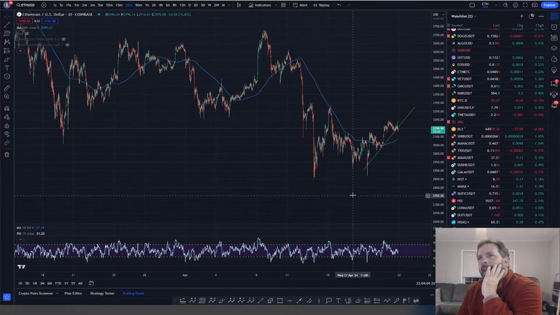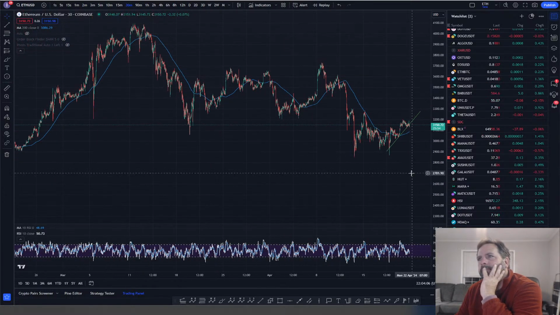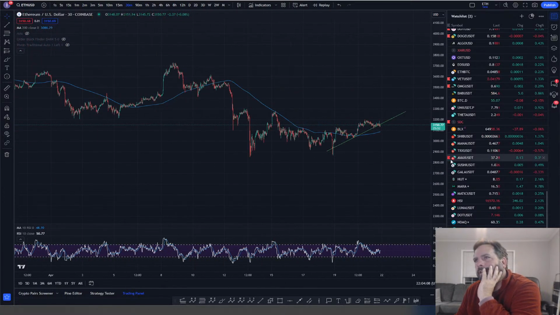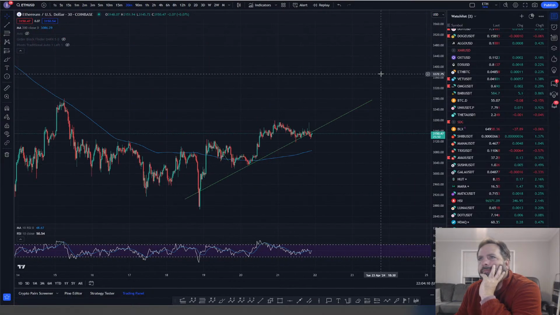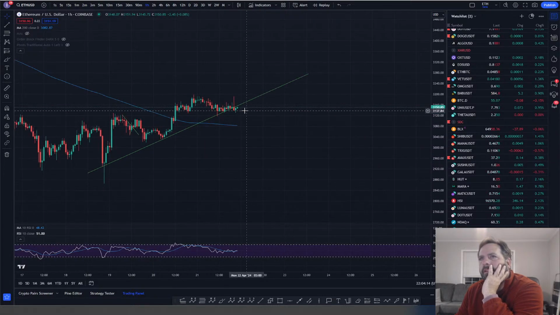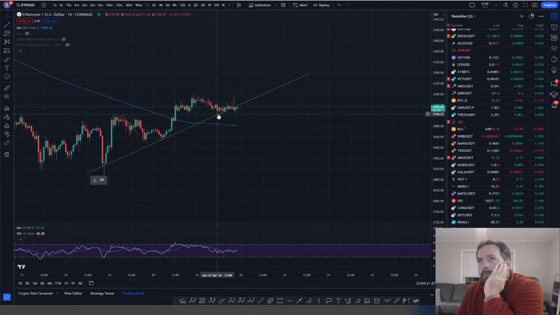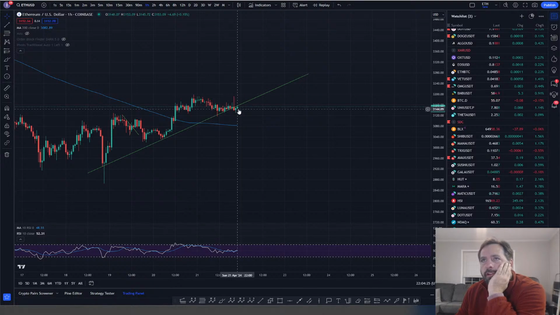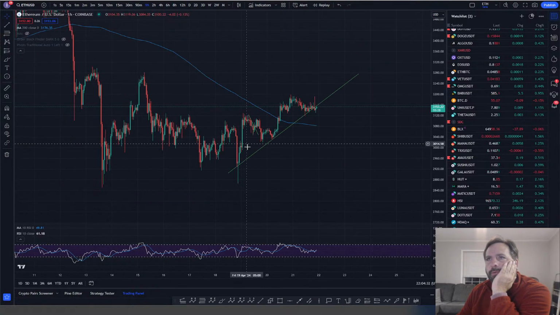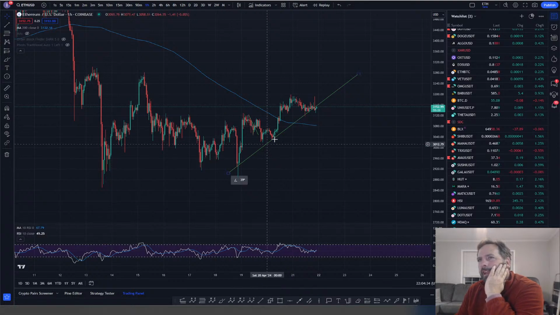How do you read that? On the 1 hour chart, it broke this little trend right here. It's breaking it, but the last hour still closed underneath the trend line. But now she's pumping a little bit again, so not sure what's going on. I don't like this wave structure.